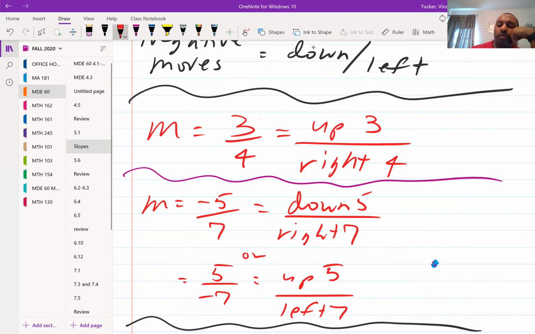If I were to go down 5 and then right 7, I'd be this way. But then if I go back to that point and go up 5 and left 7, I'll still be here. But notice I will still get that same line. So it doesn't matter whether you give the negative to the 5 or give the negative to the 7. As long as you follow these directions, you'll still get the same line.